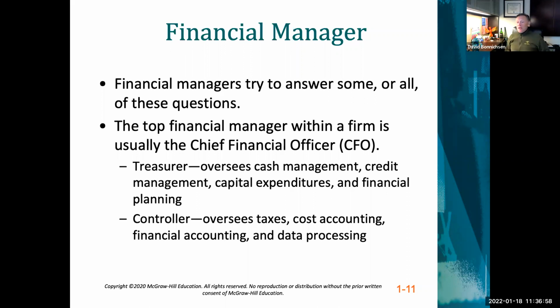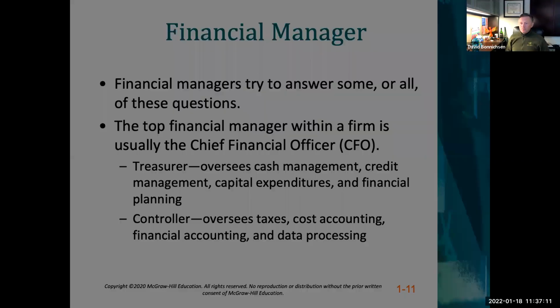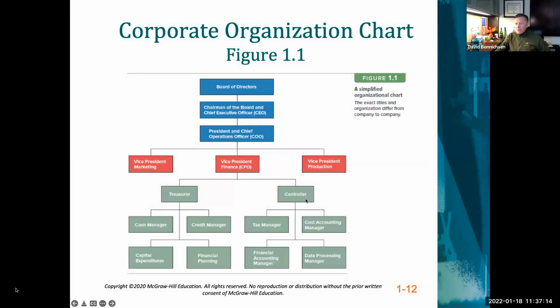And then we have a controller department, which is the cost accounting, the financial accounting, the GAAP reporting, the taxes, a totally separate department. If you're in a large enough firm, you'll have 2 separate departments: one that deals with the controlling aspects of the firm and one that deals with the cash and credit aspects. Typically, both would eventually report up to the CFO, who reports up to the CEO and board of directors.